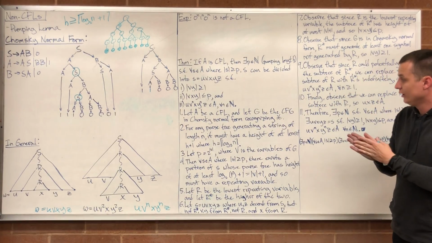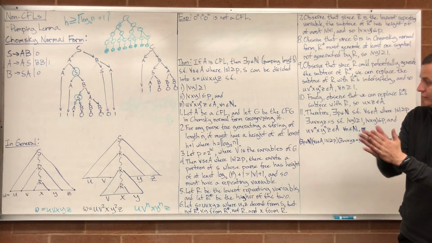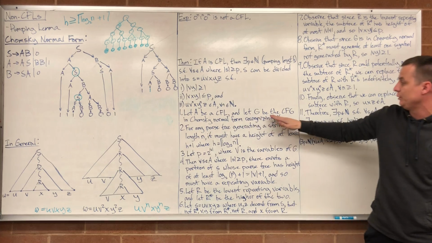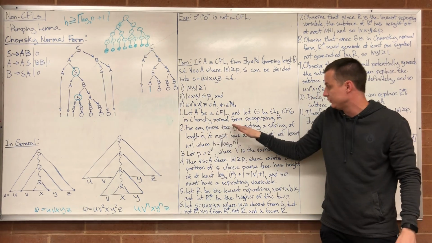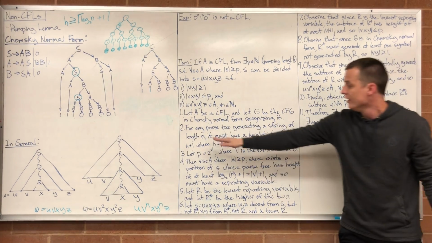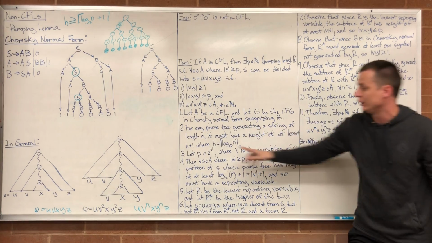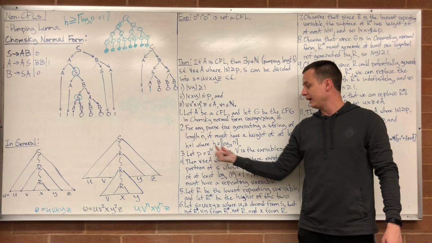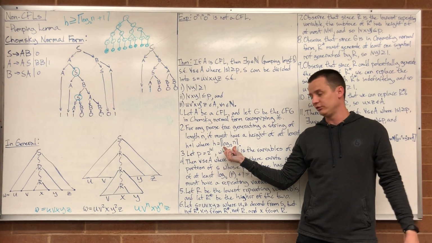So, maybe restart. Hopefully this is all clicking. Let A be a context-free language, and let G be the context-free grammar in Chomsky normal form recognizing it. Then for any parse tree generating a string of length n, it must have a height of at least h plus 1, where h is a rounded up version of log base 2 of n.